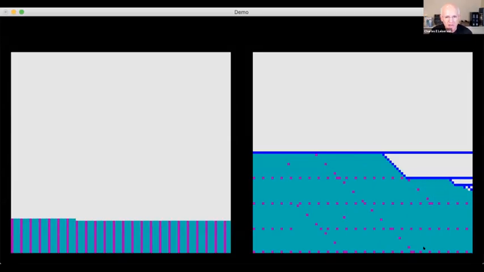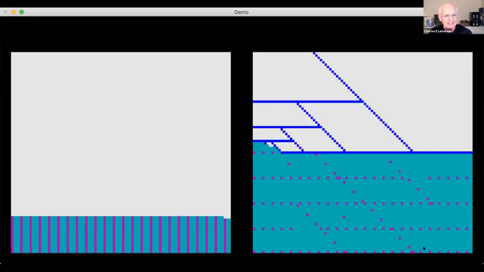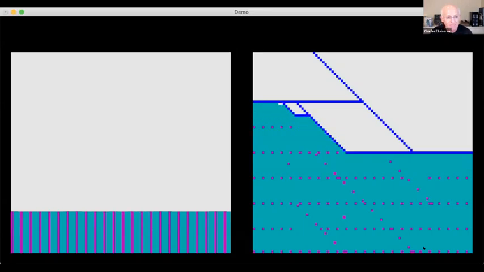So the cache-oblivious stencil wins in theory and it wins in simulation. We'll speed this up a little bit.